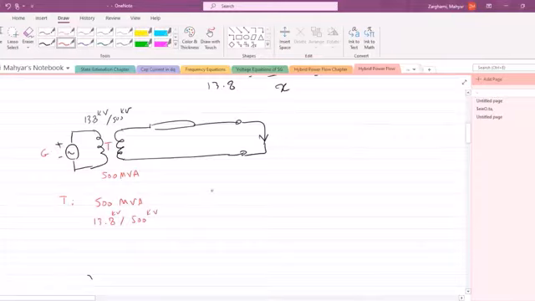Now for your generator, let's say your generator's nameplate is 425 MVA, and its voltage rating is 13.85 kilovolts. So you can see that, first of all, the devices that are connected to one another should have ratings that are comparable.